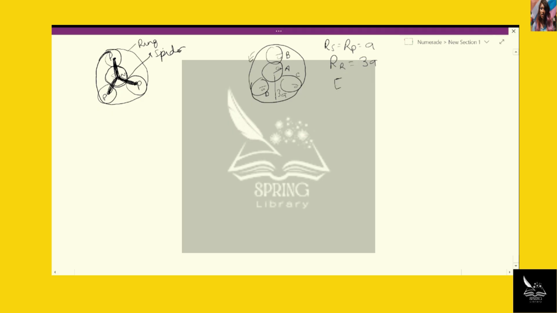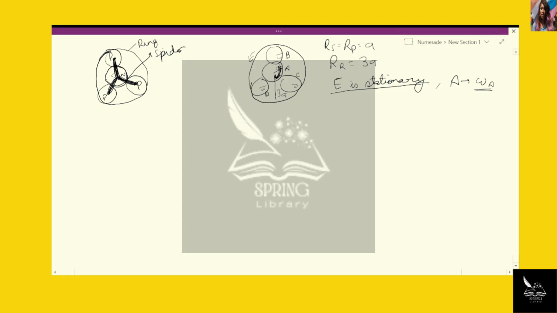Now E is given to be stationary, and A is moving with angular velocity omega A. So let us assume it in this direction.